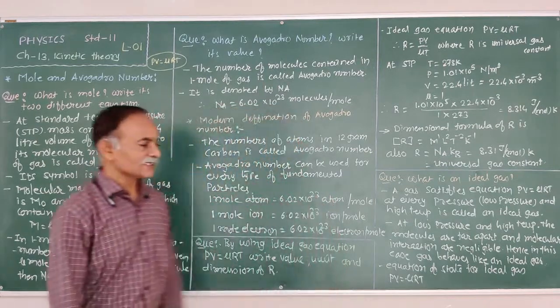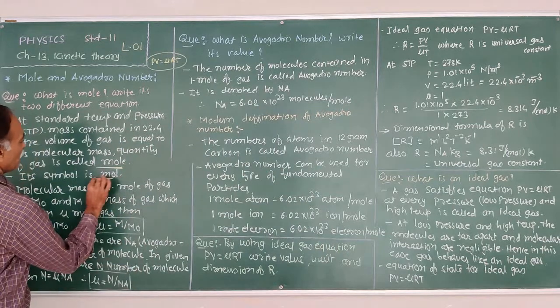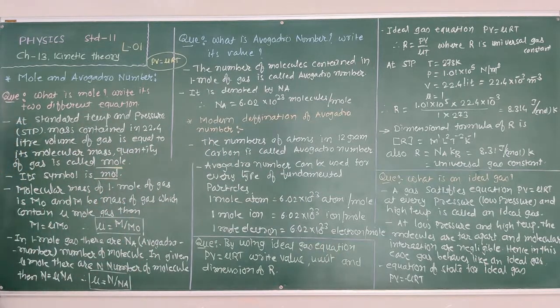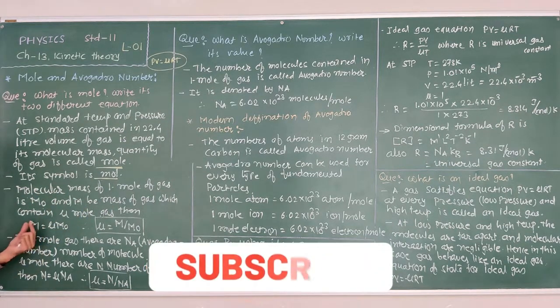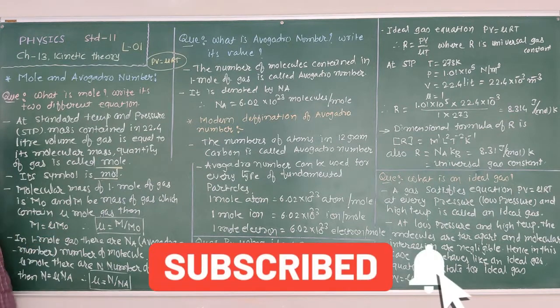Its symbol is mol. To represent the quantity in mole, we can add the symbol mol. The molecular mass of 1 mole of gas is M0, and M is the mass of a given quantity of gas, which contains mu mole of gas. Therefore, M is equal to mu times M0.